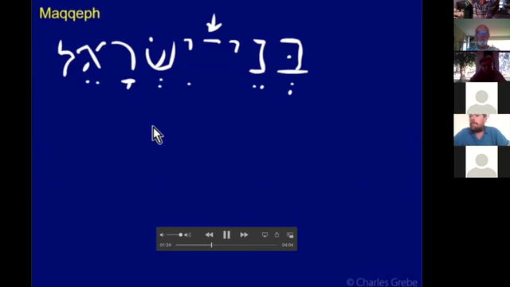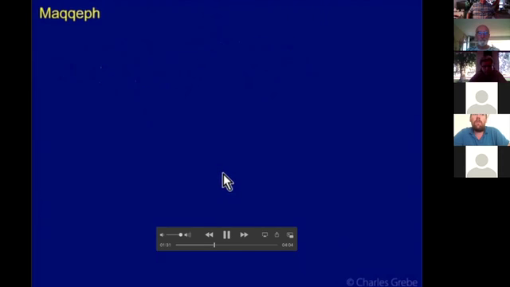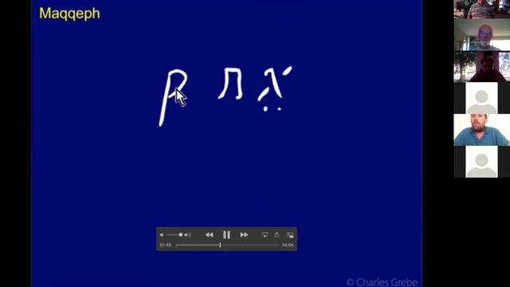And the stress change can cause vowel changes. So let's look at an example of that. Let's get a new page. This is quite common. You see a word like this, koli, two words. Koli.